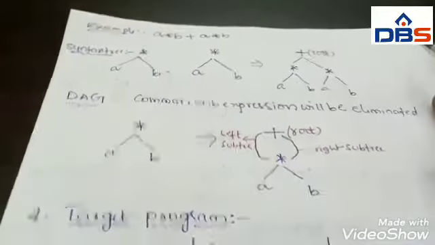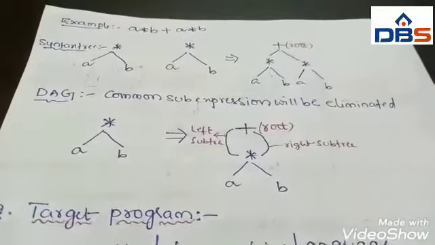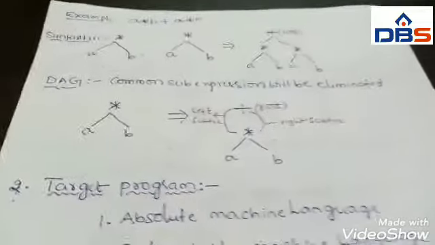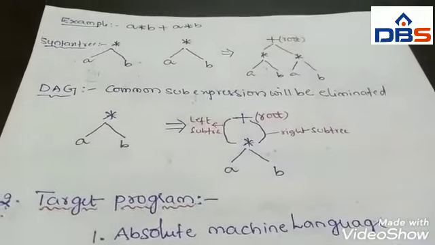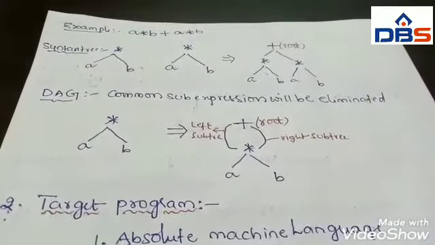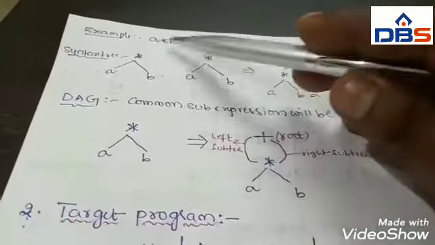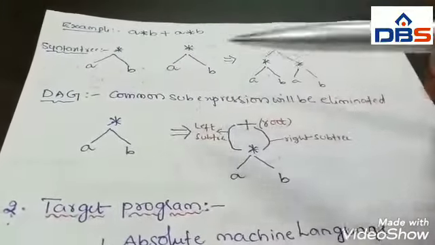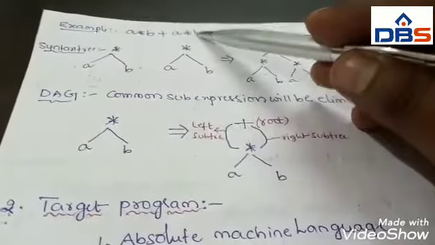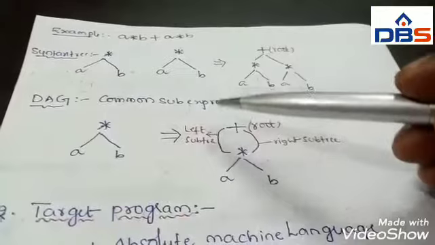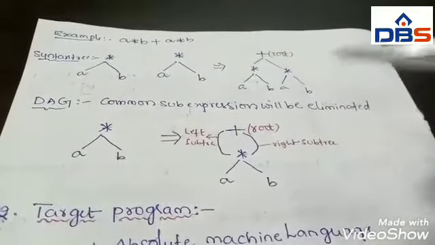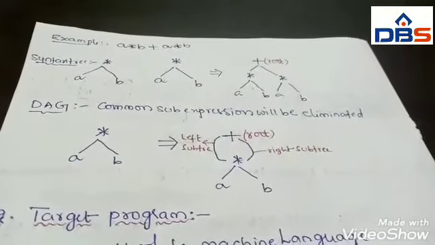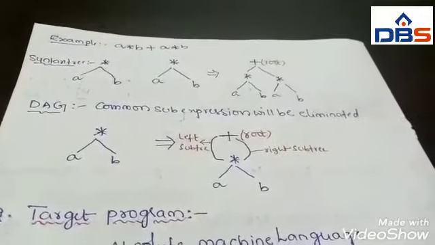Whereas coming to the DAG, directed acyclic graph, common subexpressions will be eliminated. If you construct the DAG for the above expression, first for A star B, star will come, with A on the left and B on the right. For the right side A star B, we have already calculated A star B, so there is no need to construct it again.